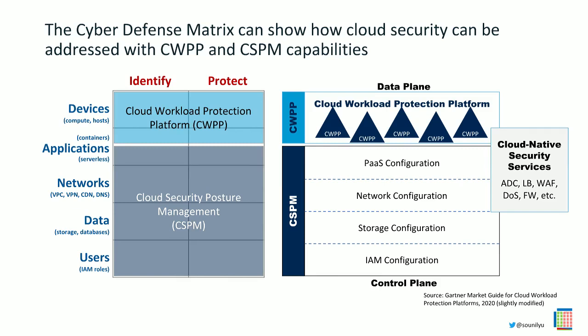CWPP typically secures the operating system, which is under devices, and then both CSPM and CWPP provide coverage of different parts of the application space. CSPM covers platform as a service, like Lambda functions, while CWPP covers containers. And both of these, the Lambda functions and containers, are aligned to the application domain.